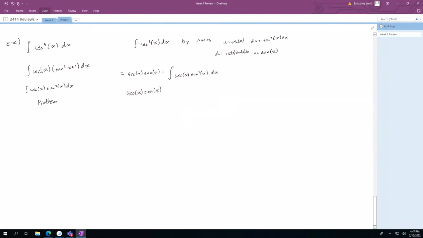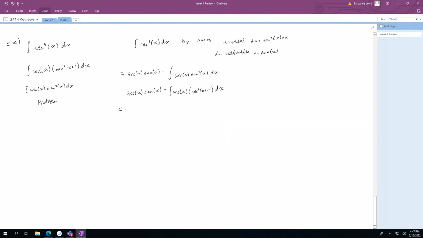Minus, here we have the integral of secant of x, and then tangent squared is secant squared minus 1, right?